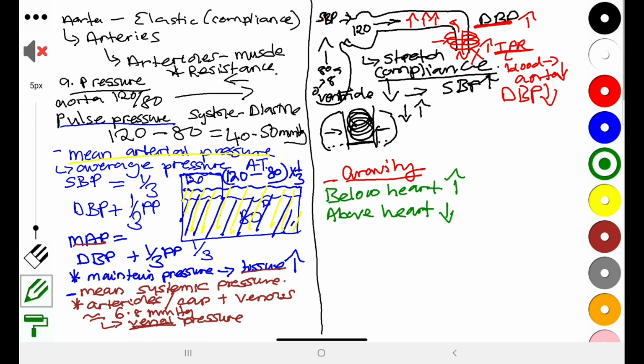For every centimeter, you'll find a 0.77 millimeters of mercury pressure increase or decrease.